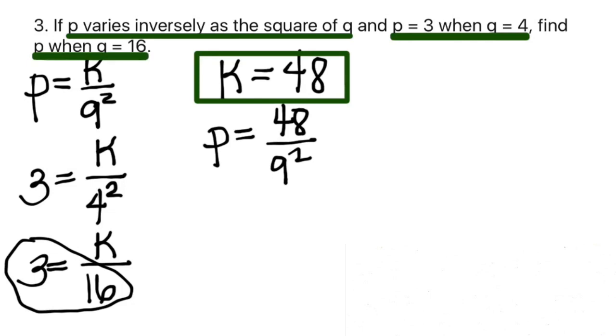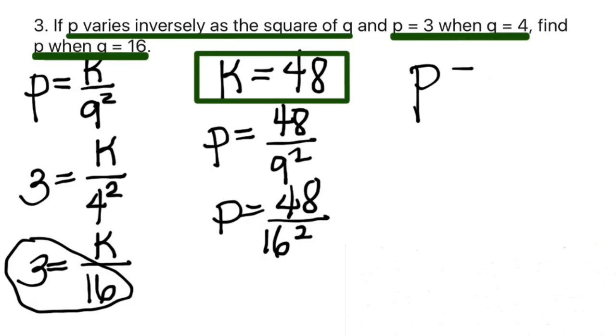So, yung q, palitan lang natin ng 16. So, we're going to have 48 over 16 squared. So, since we have 16 squared, if we are going to multiply it by itself, so that is p equals 48 over 256.